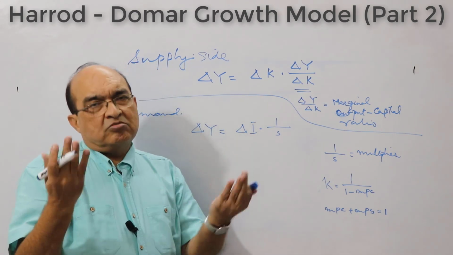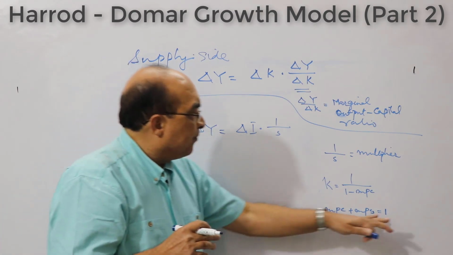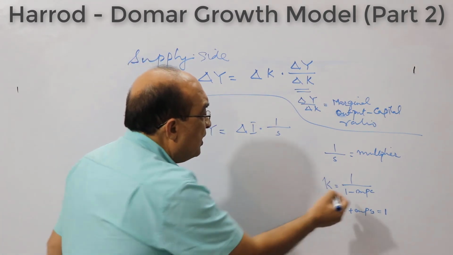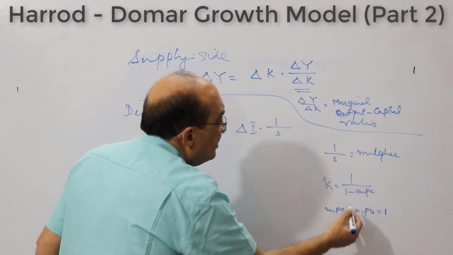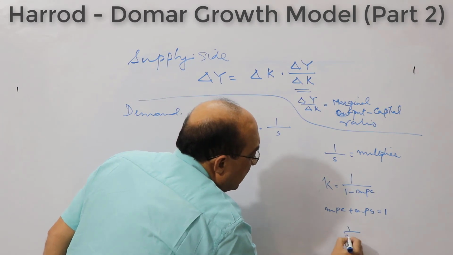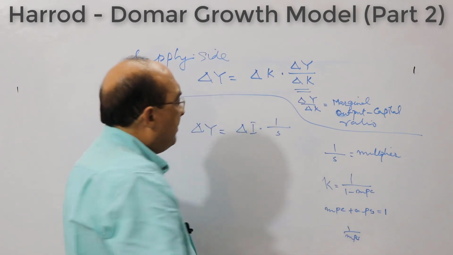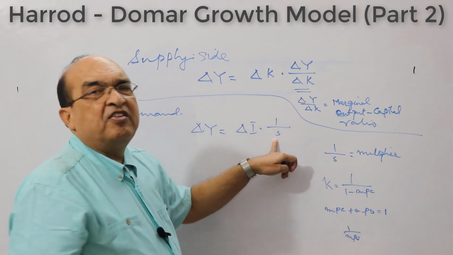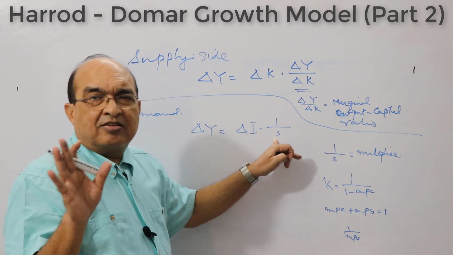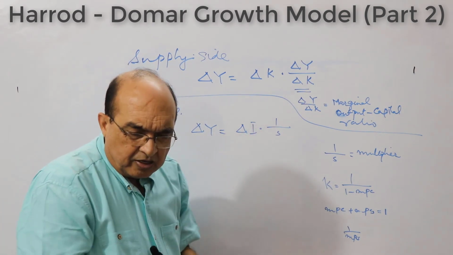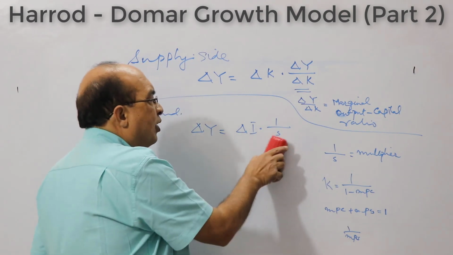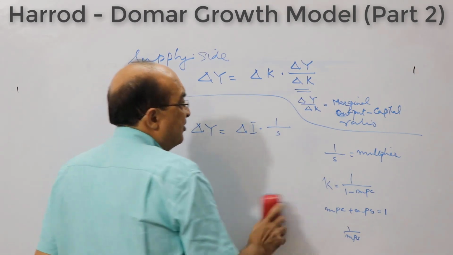So together they will be the total of the income. So instead of 1 upon 1 minus MPC, you can write 1 upon MPS, and MPS we are representing here simply by S. There's no need to write the full MPS, although S is simply the marginal propensity to save.